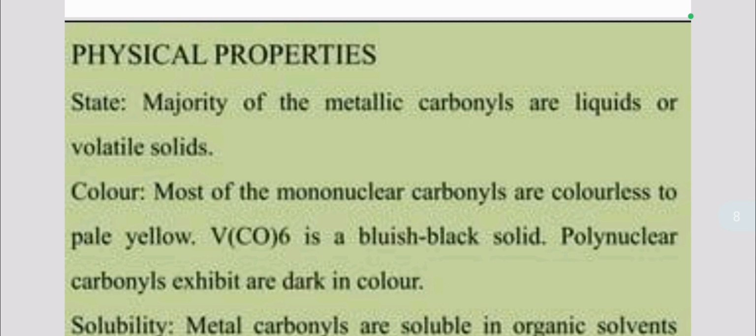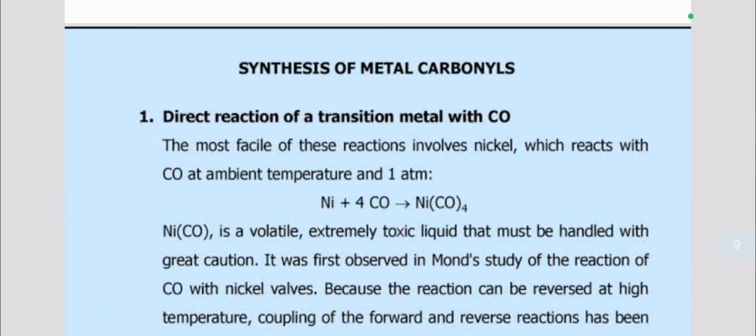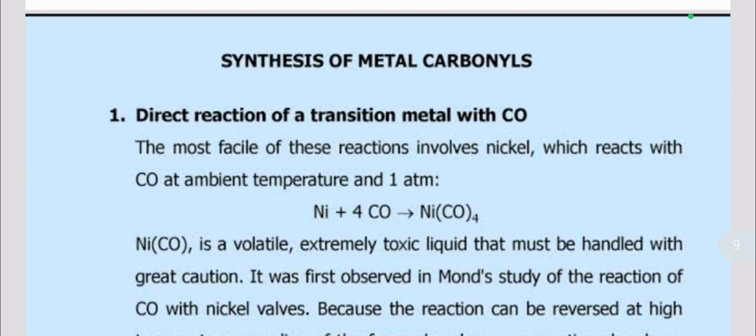And now we study the synthesis of the metal carbonyls. The first step is the direct reaction of the transition metals with CO. Here nickel reacts with carbon monoxide and forms Ni(CO)4.